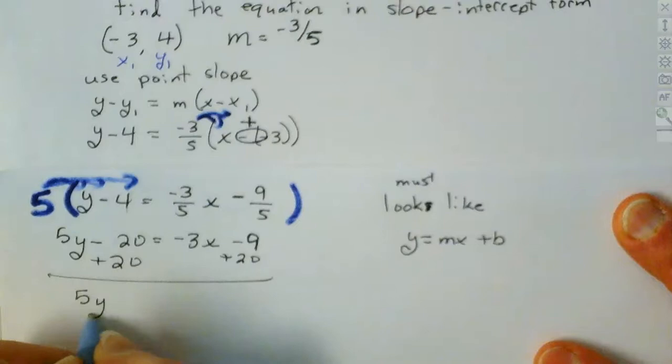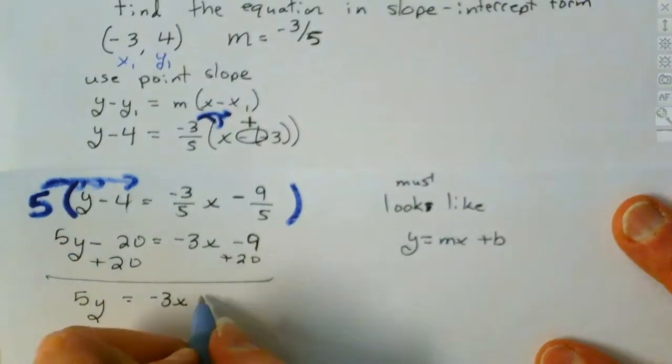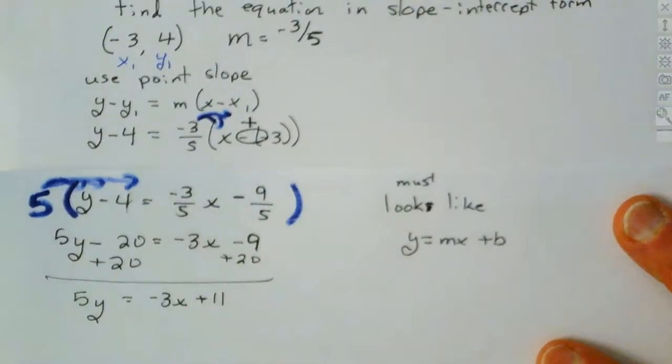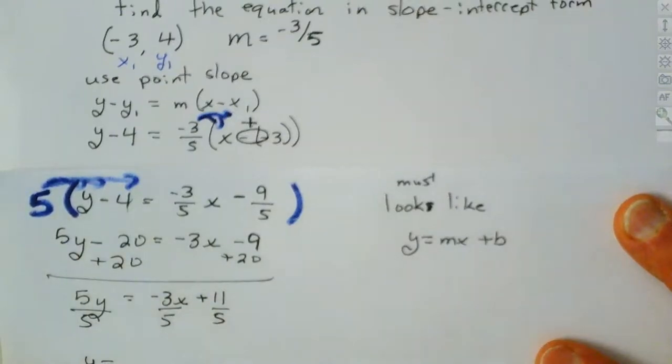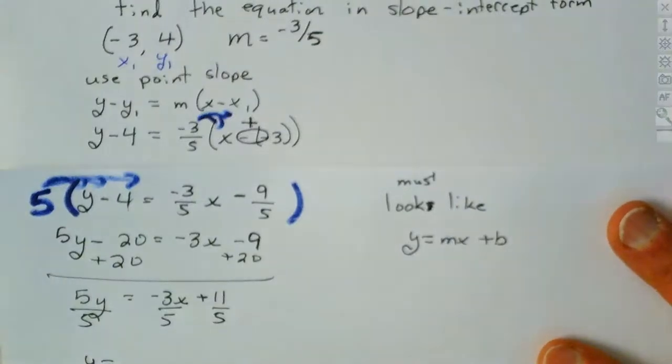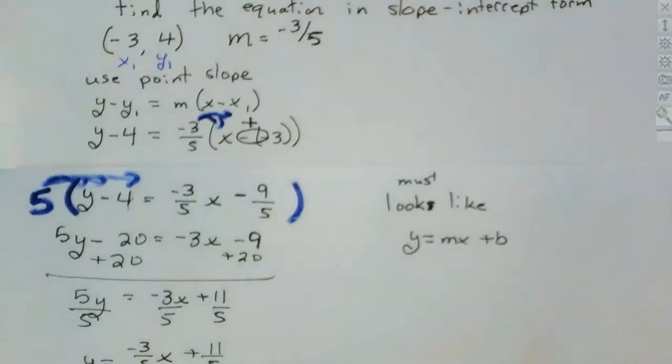So that is then 5y equals a minus 3x. And 20 minus 9 is a positive 11. We divide then by our 5, and we are now finished. So our answer in slope-intercept form would be y equals minus 3/5 x plus 11/5. And that's it.